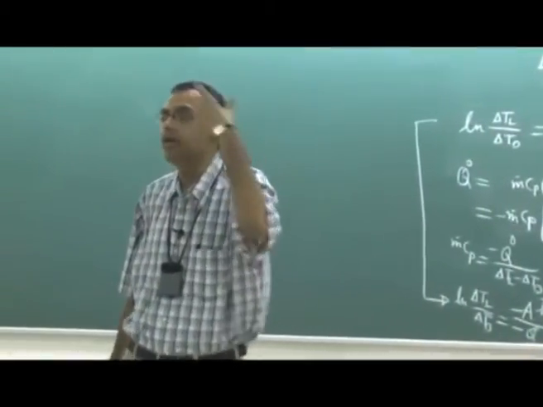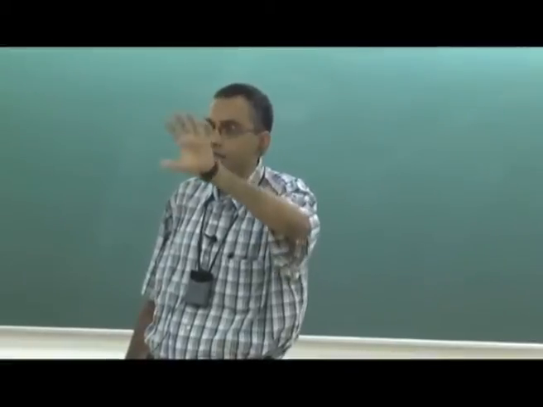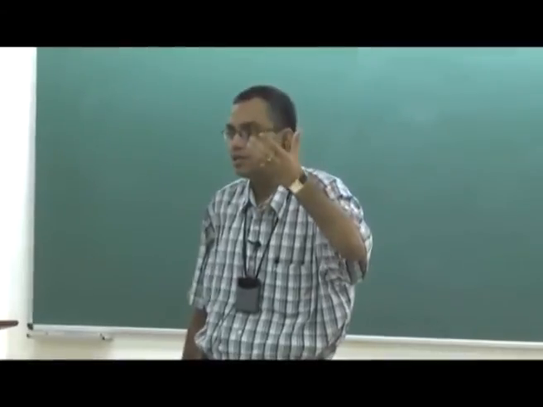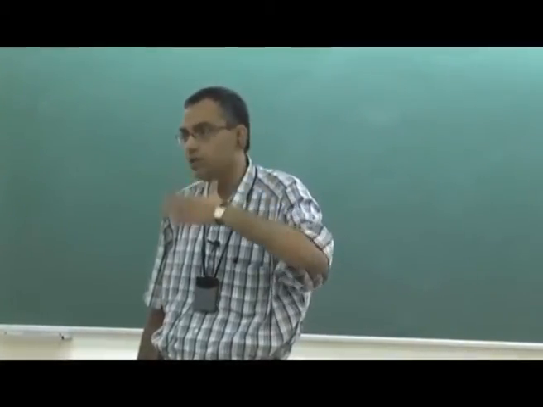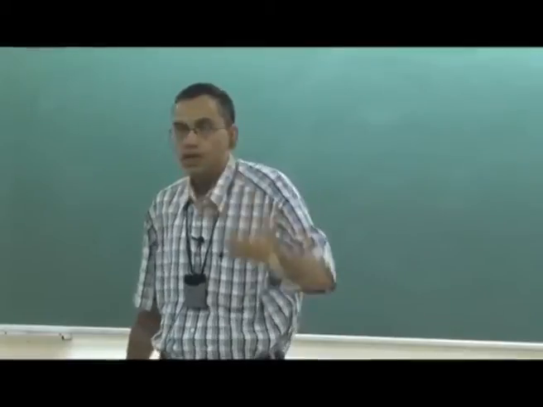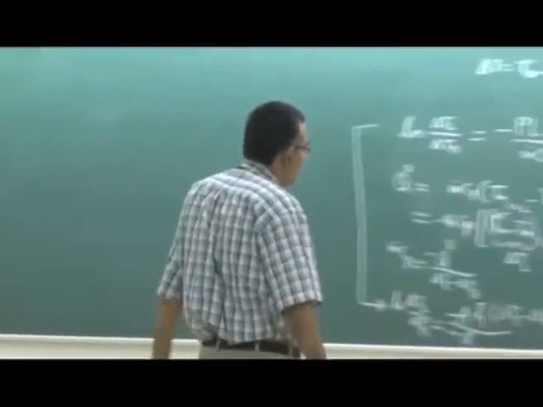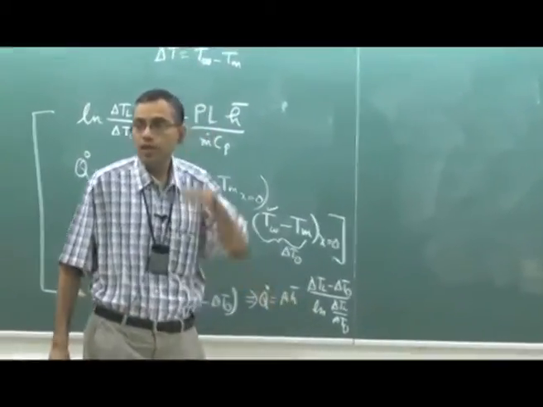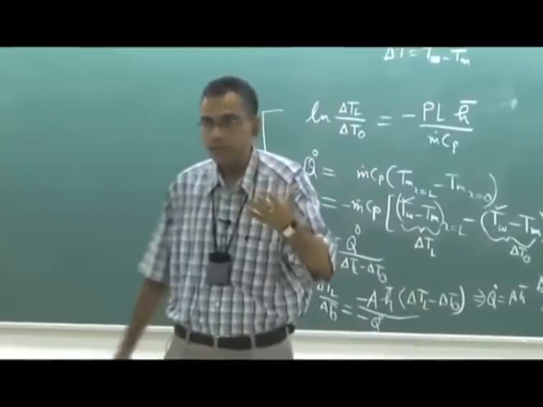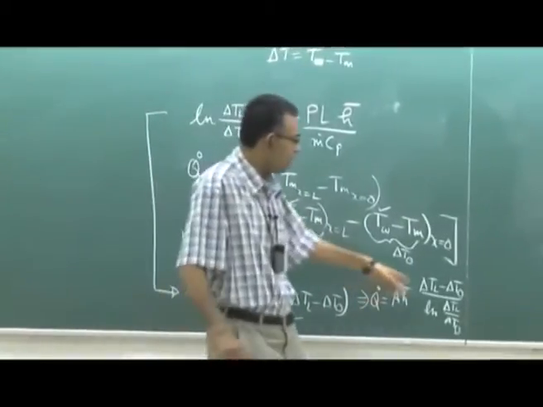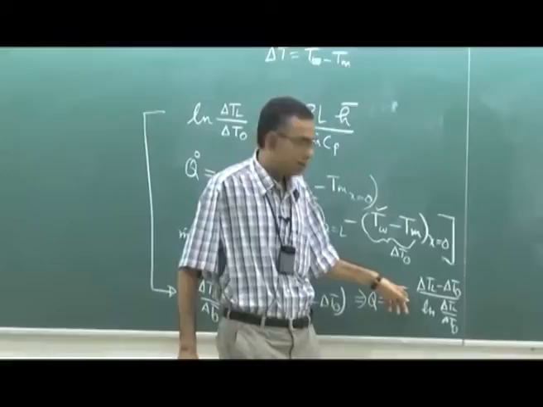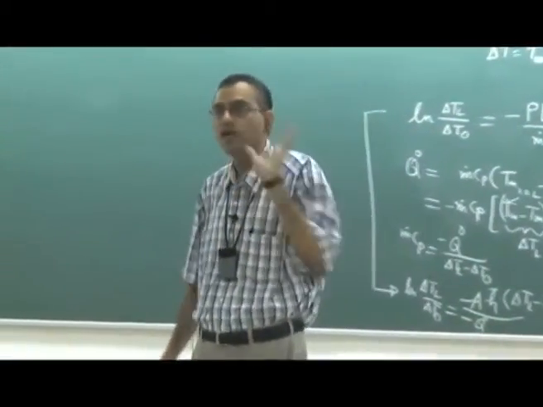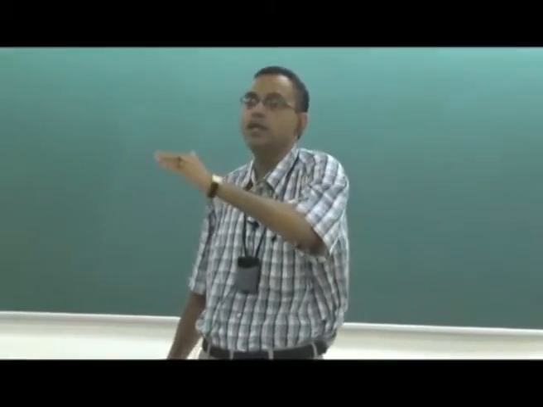A into H into delta T, the temperature difference between the two systems across which the heat transfer is taking place. Here one system is the wall, another is the fluid. So it would have been ideally A into H into T wall minus Tm, but it is not AH into T wall minus Tm, it is AH into this. The reason is that T wall minus Tm is not a constant, it is continuously varying with x.